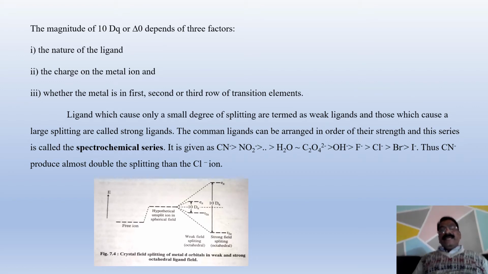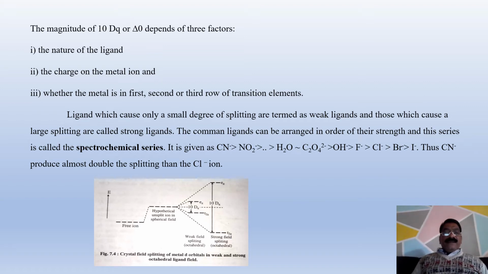It is given as I minus < Br minus < Cl minus < F minus < OH minus < C2O4 2 minus < H2O < NO2 minus < CN minus, and thus CN minus produces almost double the splitting of the Cl minus ion. So CN minus is a strong ligand while Cl minus or I minus is a weak ligand.